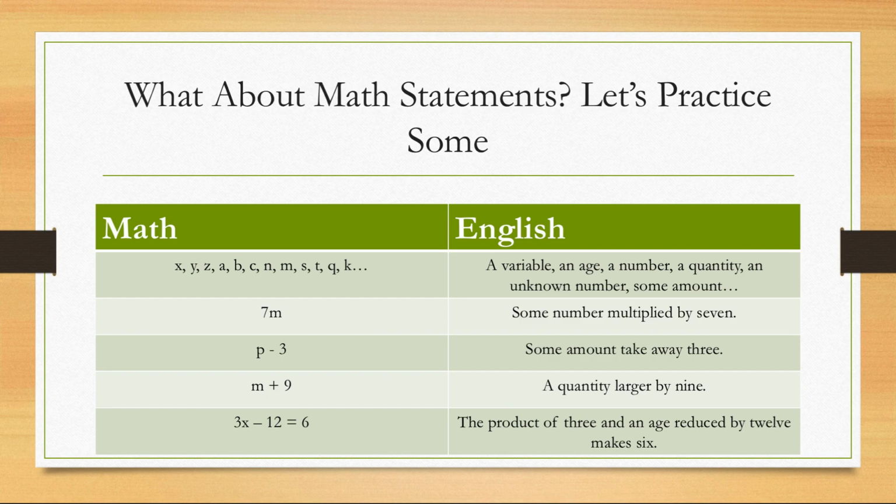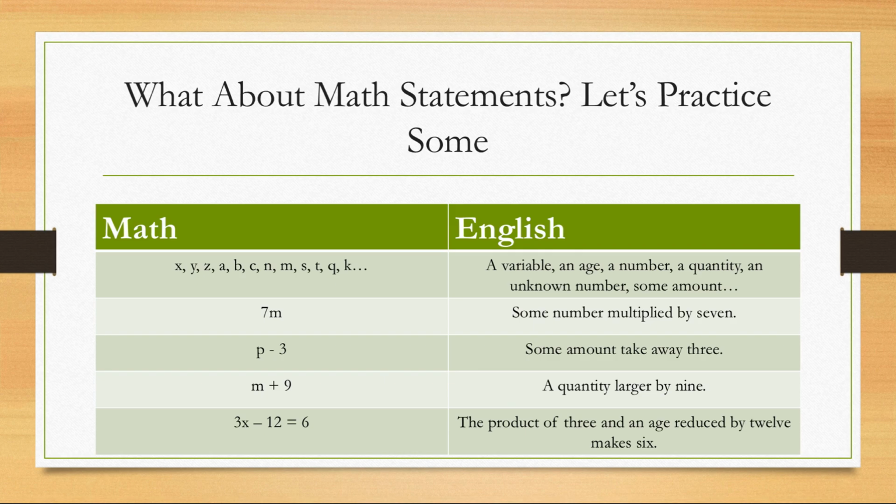Now, one thing that I'm also going to add here, as you can see at the top, the string of letters, those are called variables. And what's a variable? Well, just a quick recap. A variable is a letter that we use to represent a number that we don't know yet. And that's the key term. We don't know yet. We will know it once we solve the equation.